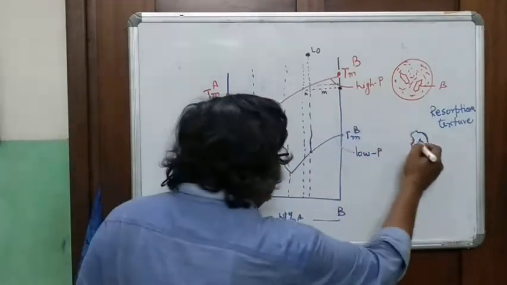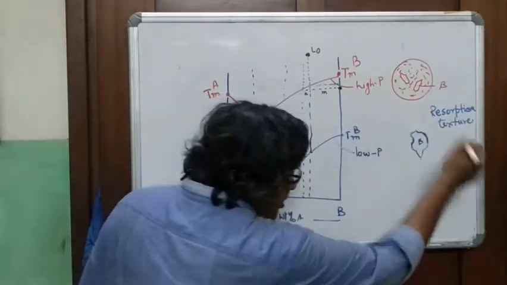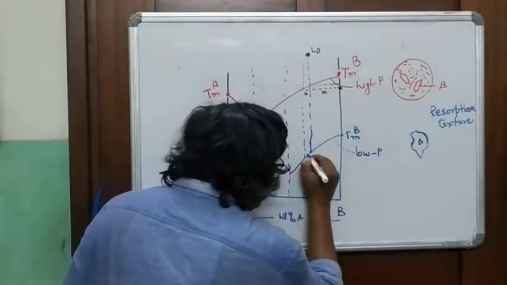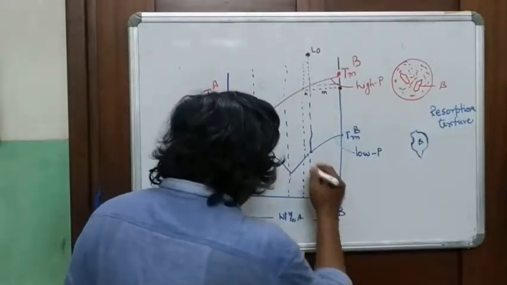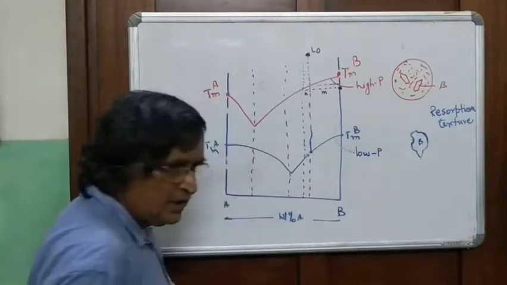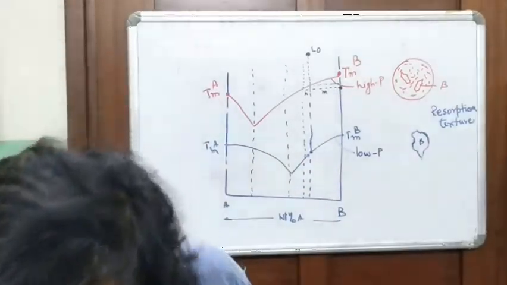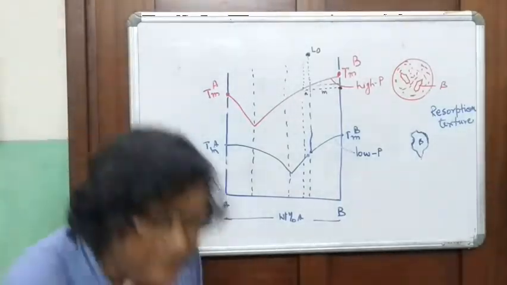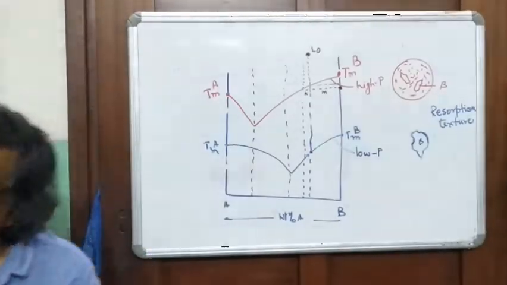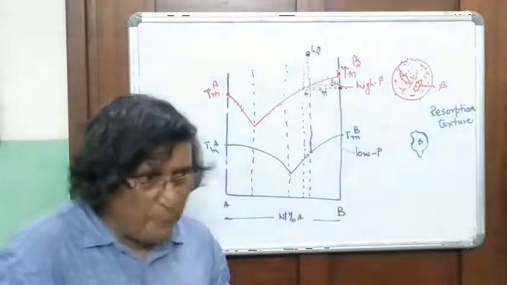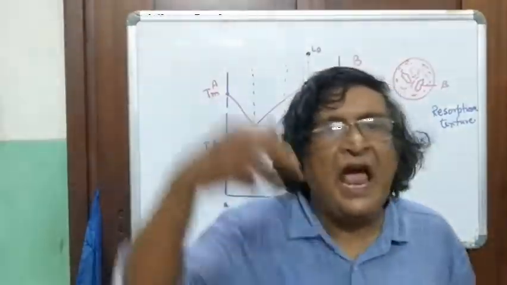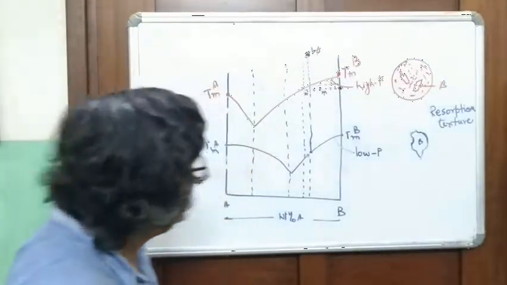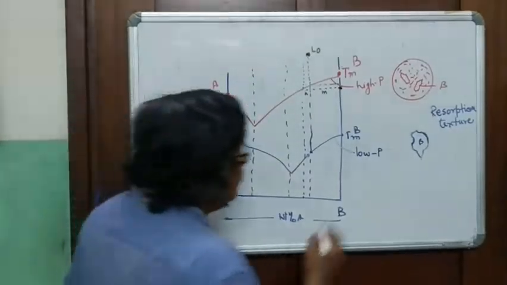But when this melt with these resorbed crystals reaches the liquidus, then new B crystals will form. New B crystals will form at the low pressure. Right? So, if that happens, what will happen?